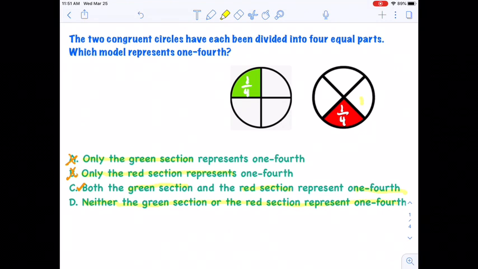Neither means not the green one and not the red one. So does the green one represent 1/4? Yes. Does the red one represent 1/4? Yes. So then we can't say neither of them represent 1/4 because they both do. So we know this isn't right. And we can say that C is true. Both the green section and the red section represent 1/4.